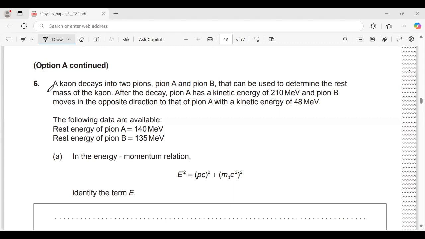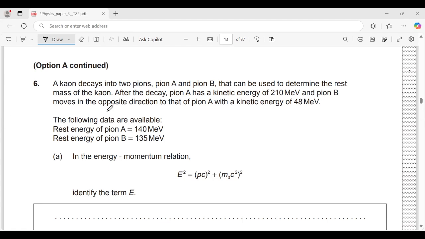Number 6, a kaon decays into two pions, pion A and pion B, that can be used to determine the rest mass of the kaon. The decay pion A has a kinetic energy of 210 mega electron volt, and pion B moves in the opposite direction to that of pion A with a kinetic energy of 48 mega electron volt.